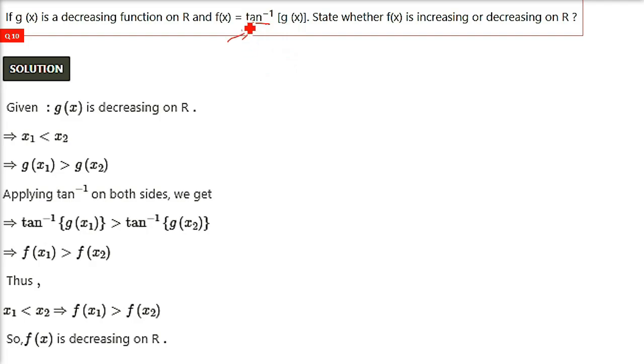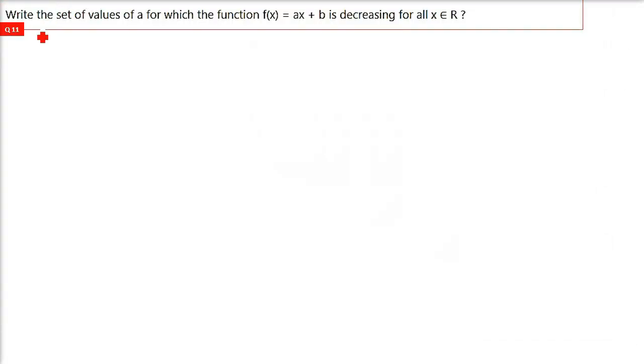The question can be tan inverse, cos inverse, sin inverse. Write the set of values of a for which the function f(x) equals ax plus b is decreasing for all x belongs to R. Can there be any easier question than this? The differentiation, f dash x, is only a. If you differentiate it, you'll get a.